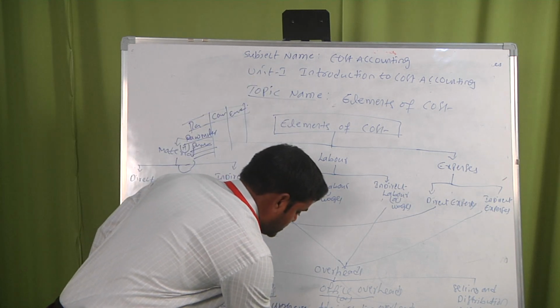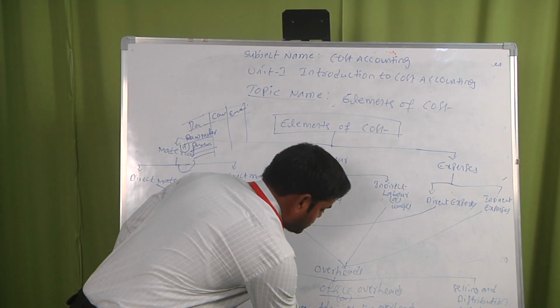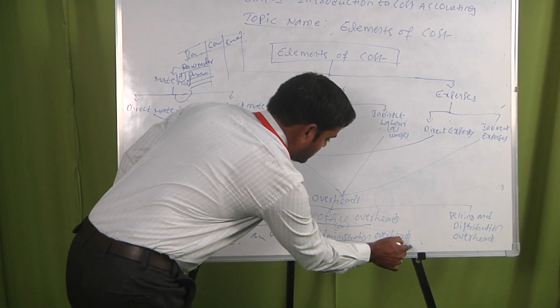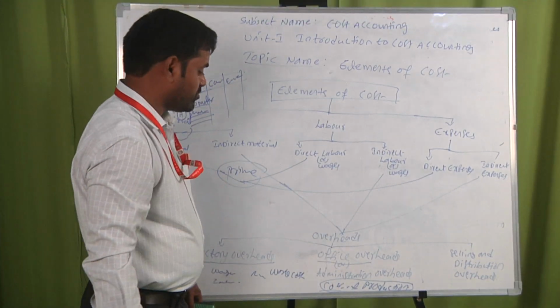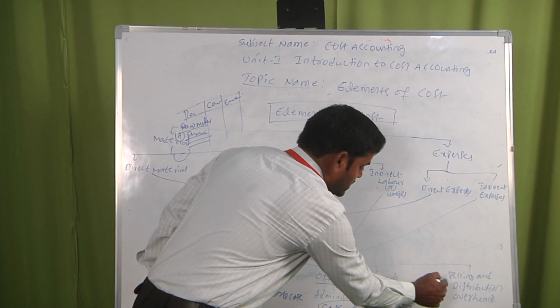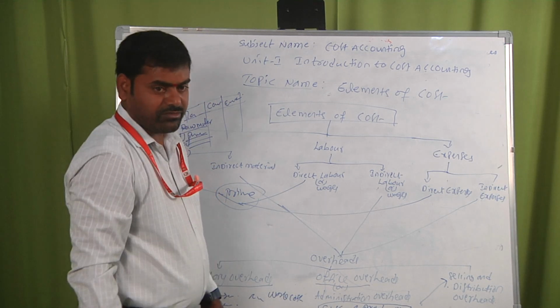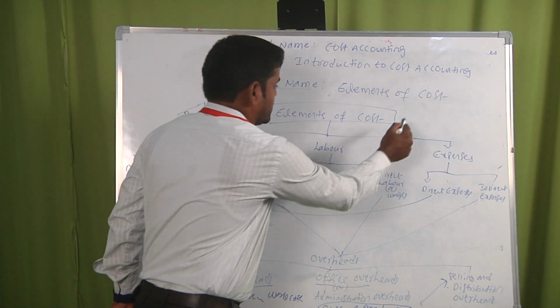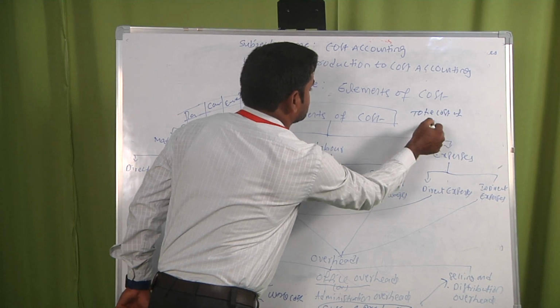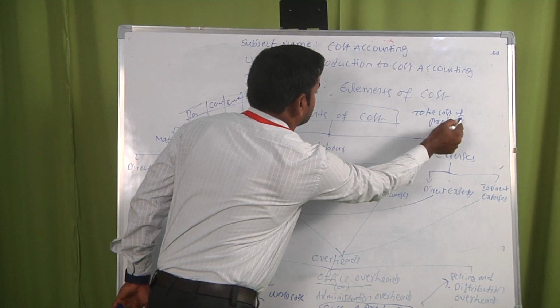We get the cost of the product. Up to this part, we have calculated the cost of the product. Then we additionally add the selling and distribution overheads of the product. Finally we get the total cost of the product.